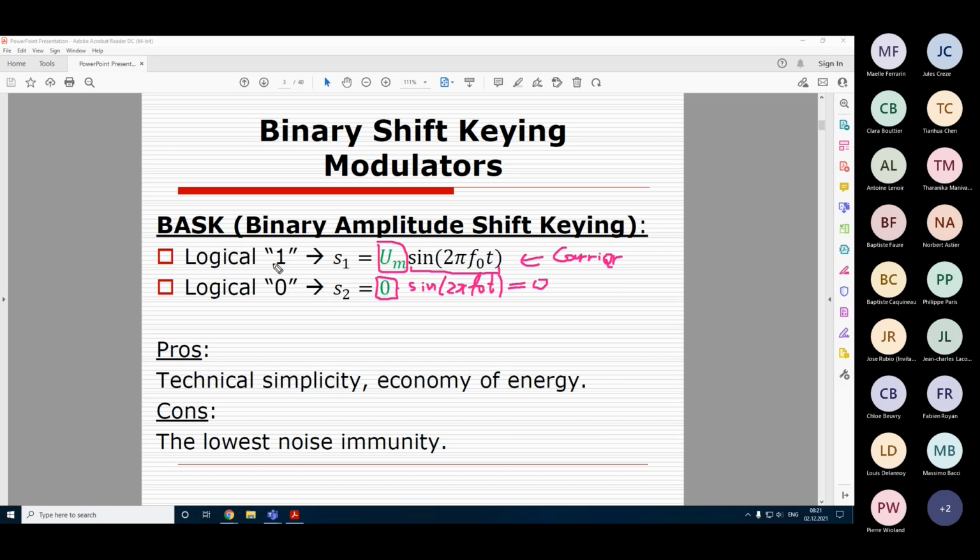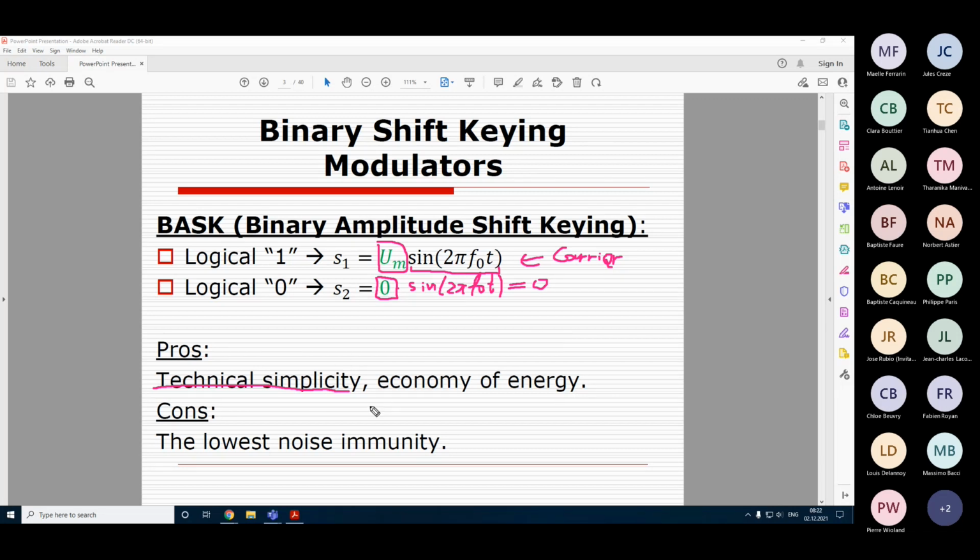If we send binary 1 symbol, then we have certain voltage amplitude. If we send binary 0 symbol, then the amplitude is 0 volts, yes? And accordingly, this is quite simple, and it's possible to make this modulation type with a single switch, electronic switch, which is controlled by a signal.